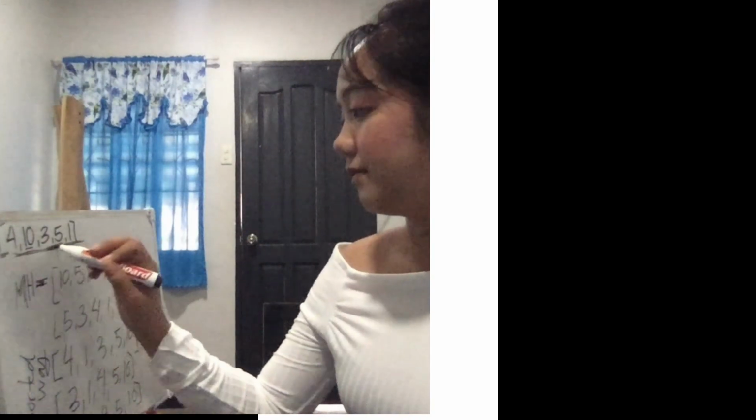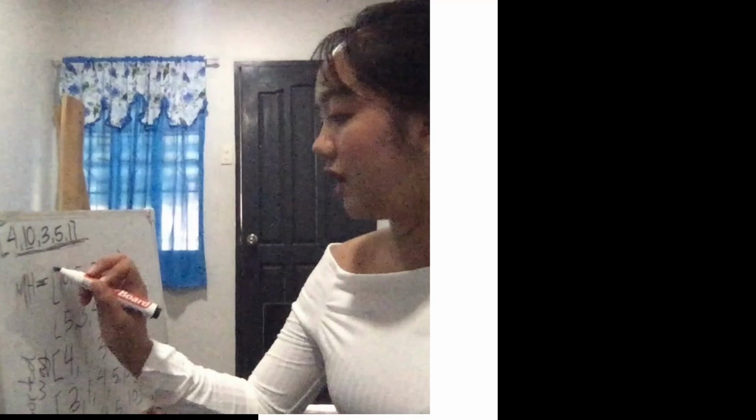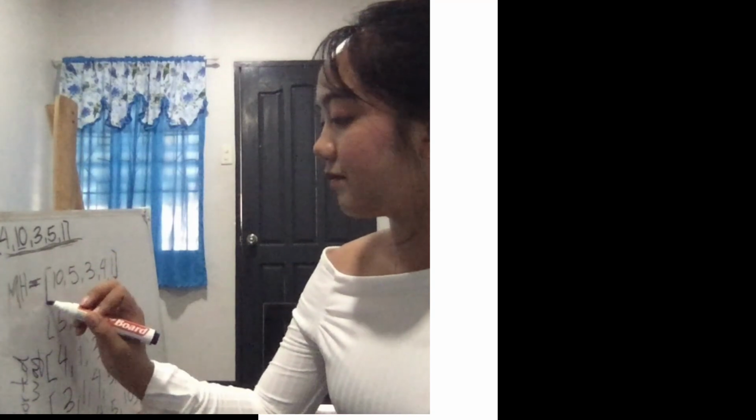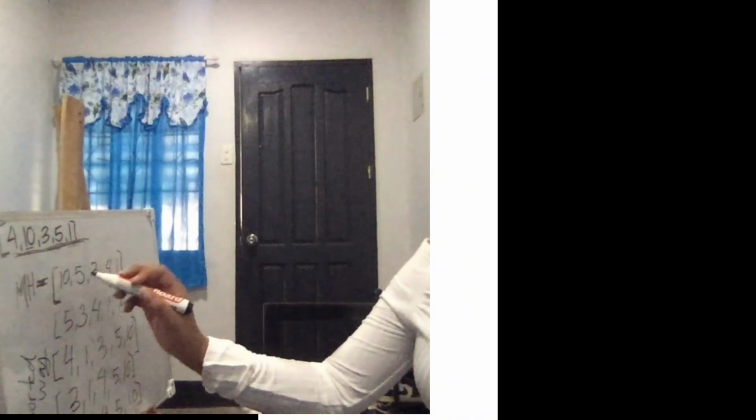This is the given number. We arrange the array into a max heap with the largest element at the root. So we already wrote the max heap: 10, 5, 3, 4, 1.